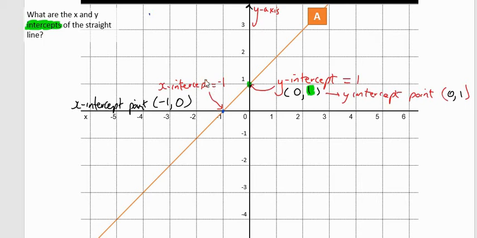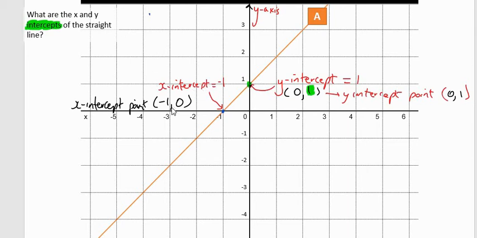So what's the difference between the x-intercept point and x-intercept, or the y-intercept point and y-intercept? The difference between the two is that they have the same negative one, they have the same value. Okay. True.